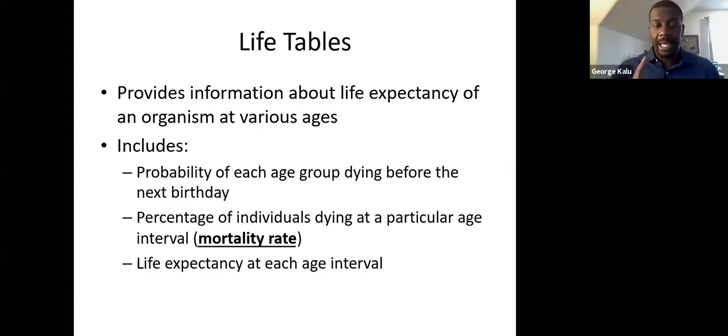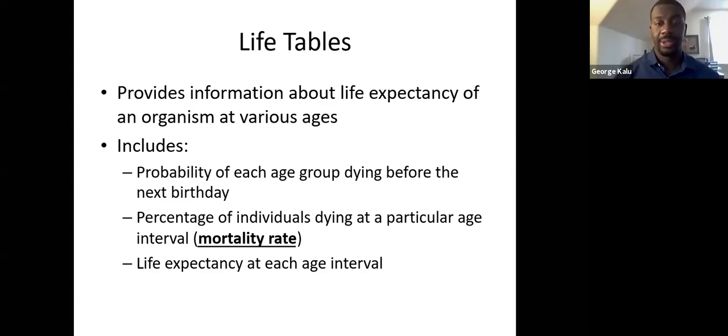It gives us the percentage of individuals that will die at that particular age group, which is the mortality rate, and then the life expectancy at each age interval as well. All three of those factors help us understand and predict what will happen inside of a population.